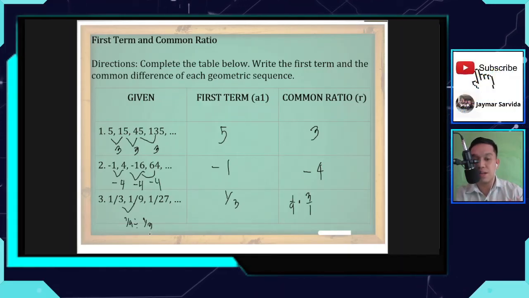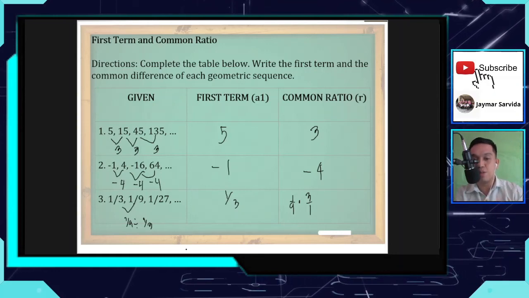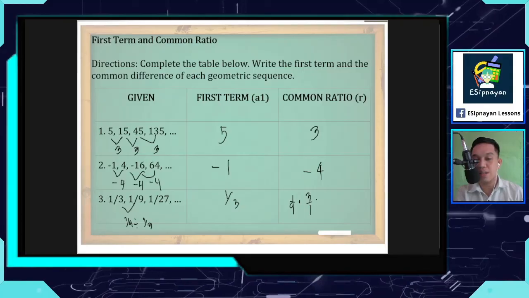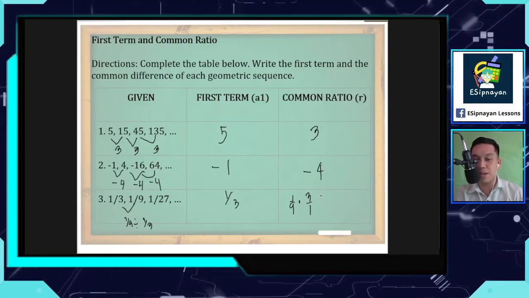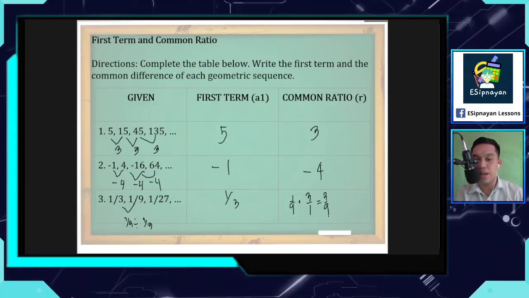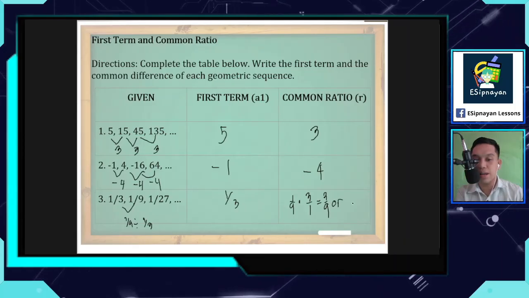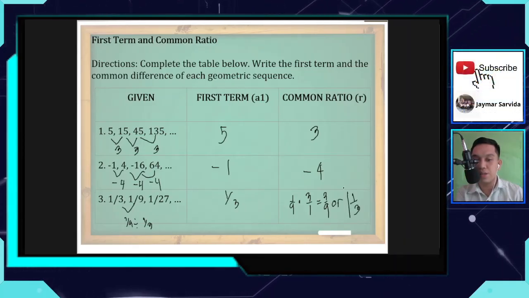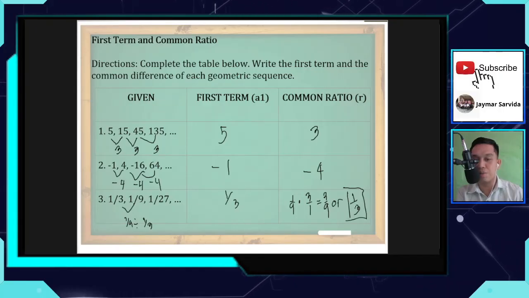Kukunin mo yung kanyang reciprocal and then proceed to multiplication. So, ito ay magiging 1 over 9 times 3 over 1. So, ito ay magiging 3 over 9 or that is equal to 1 over 3 or 1/3. So, ito ngayon yung ating common ratio, 1/3.